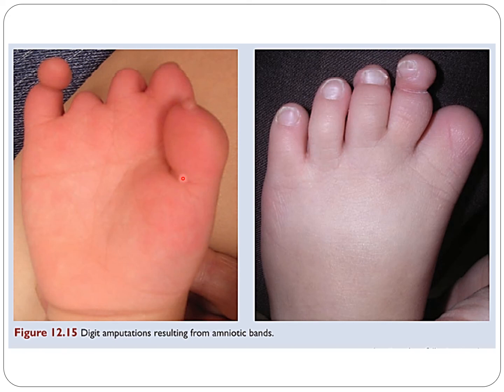This digit amputation occurs due to the amniotic band. At the time of development, these amniotic bands are formed and they tie around the fingers. As they tie around these fingers, they constrict them and block their blood supply. As the blood supply is blocked, the amputation will take place and they will not form further and will be damaged.